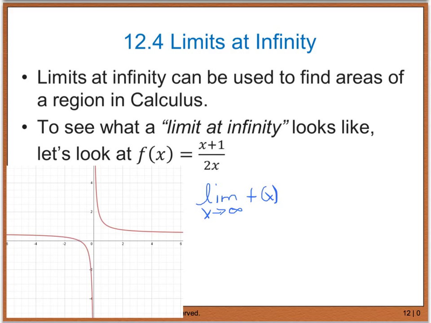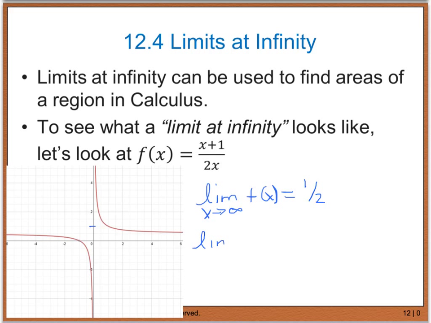If we look at our graph, we can see that as our x values get larger and larger, it looks like our y values are approaching, and we have our graph here set to increments of 1/2, a positive 1/2.